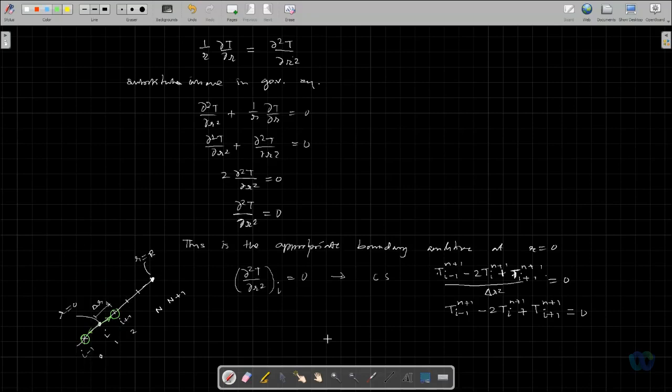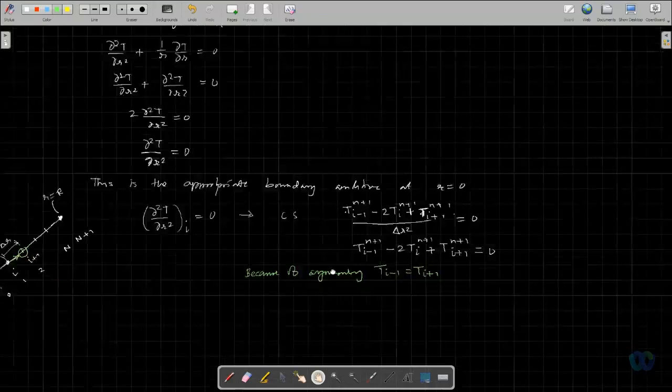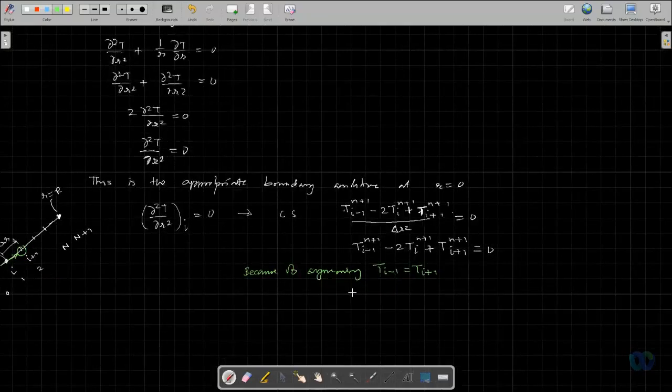So what I can say is that because of symmetry, ti minus 1 will be equal to ti plus 1. And you can substitute in the above equation, and you can write minus 2 ti n plus 1 plus 2 ti plus 1 n plus 1 equals 0.